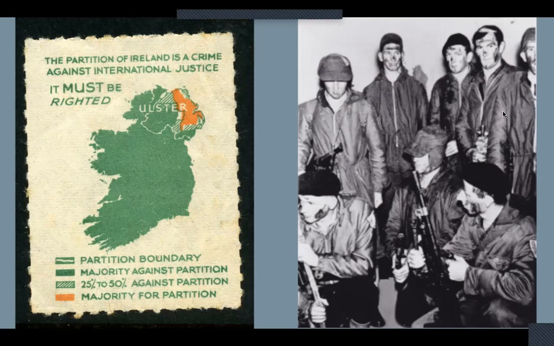As I say, by the time of the 1940s and 50s in Ireland, the reactionary forces in both parts of Ireland have achieved what they want, and they've basically got everybody divided up on a sectarian basis as much as possible in the north, and in the south they've managed to stamp out anybody who thinks differently to the Catholic Church and to the very narrow nationalist view of petty bourgeois Ireland or whatever it is.